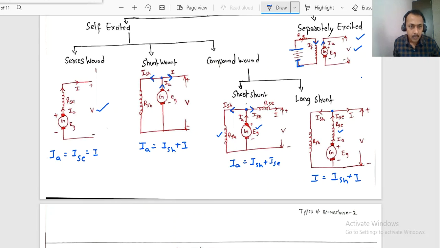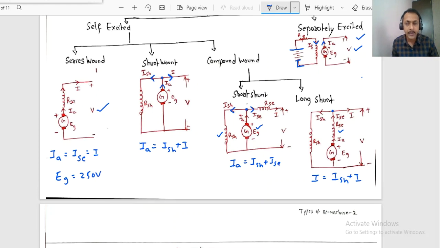For example, if EG equals 250 volts, do you think that the entire generated voltage will be available to the load? For example, here if I have connected a load, any electrical load, do you think that V also will be 250 volts?